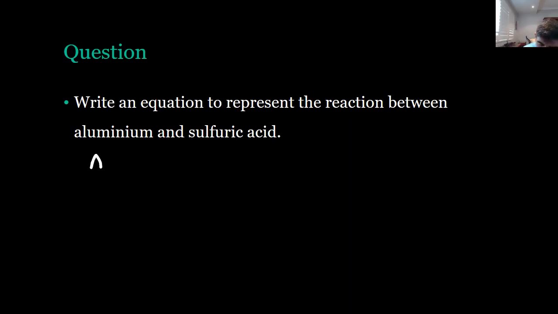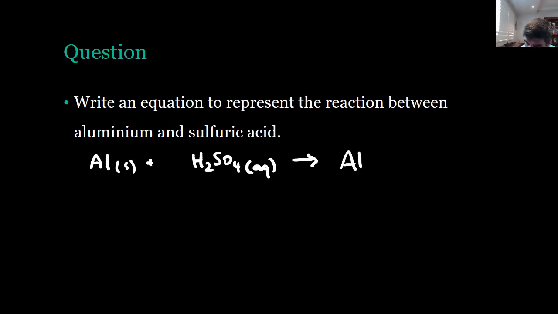Aluminium is a metal, so aluminium, solid, combines with sulfuric acid, which is an aqueous solution, and it's going to form aluminium sulfate, which is a salt, and hydrogen gas. And the aluminium sulfate will be in aqueous solution, probably.